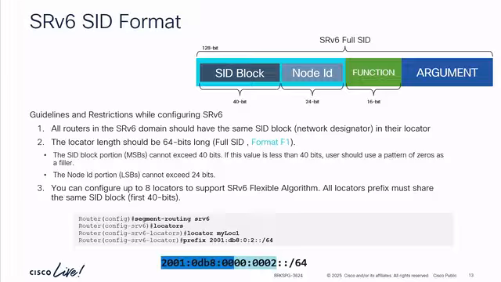And then the function, 16 bits, is what I just explained, how the endpoint router at the end of the segment will forward the packet further. The argument is pretty rare. There's one example in the EVPN world, which happens to be the session that came before, but only for BUM traffic. Otherwise, it's not that common yet.